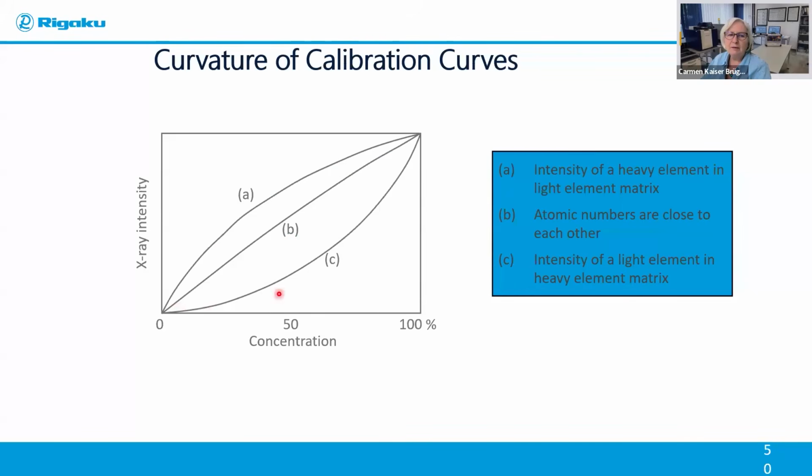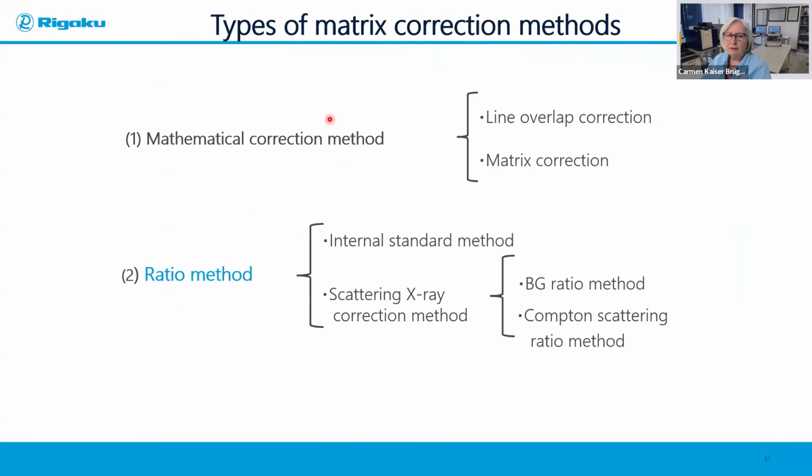And then C is where the intensity of the light element in the heavy element matrix. So these are the examples. Normally we use mathematical corrections to make line overlap corrections or matrix corrections, with theoretical alpha corrections.